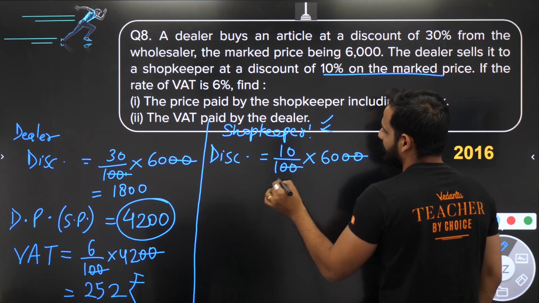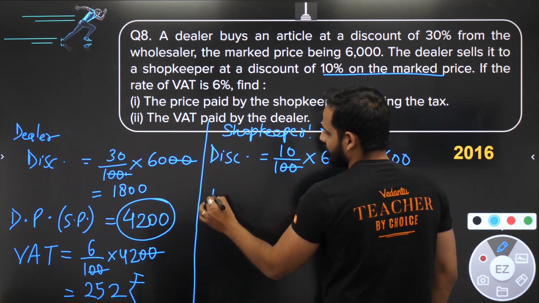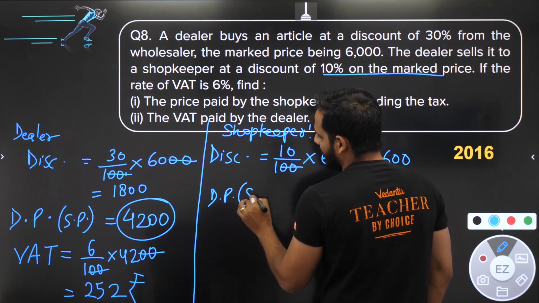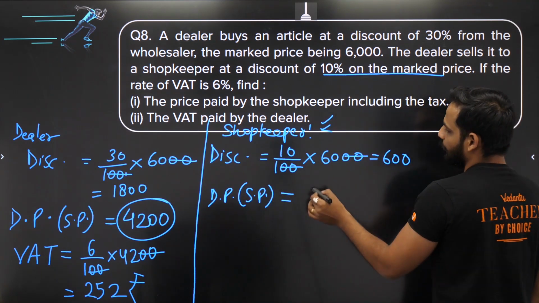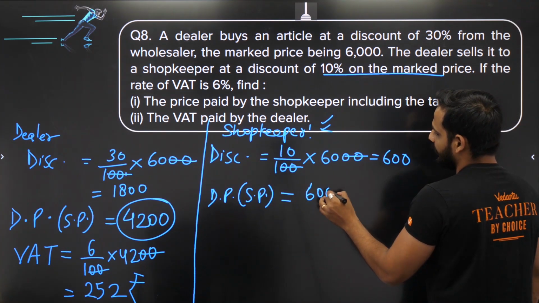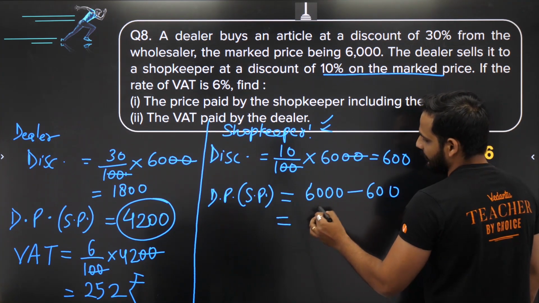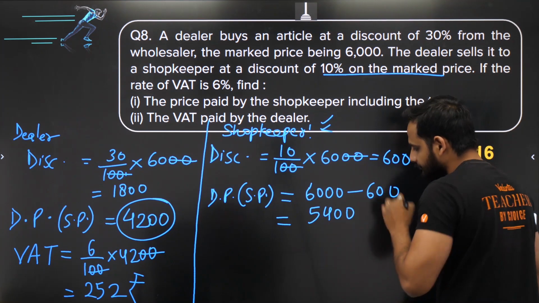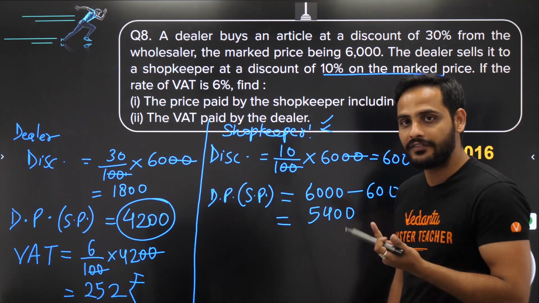So you will be getting rupees 600. The discount is rupees 600. So the discounted price, or the price at which the shopkeeper will get the item, will be equal to 6,000 minus 600. You will be getting 5,400. Now the VAT will be charged on this amount, 5,400.